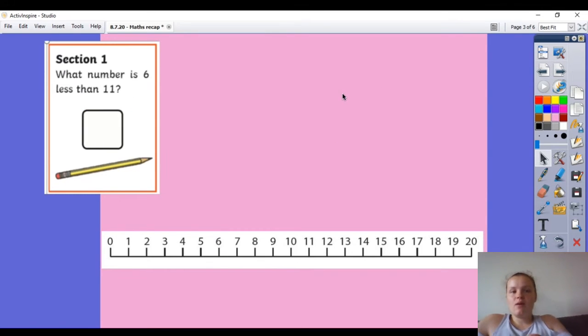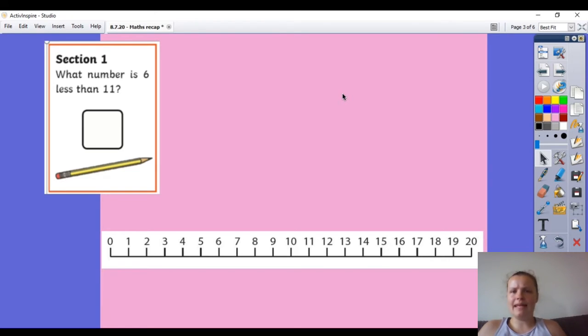Oh, so this question is asking you what number is 6 less than 11. Now, we have to work out what that question is asking us to do to begin with. So, what number is 6 less than 11?